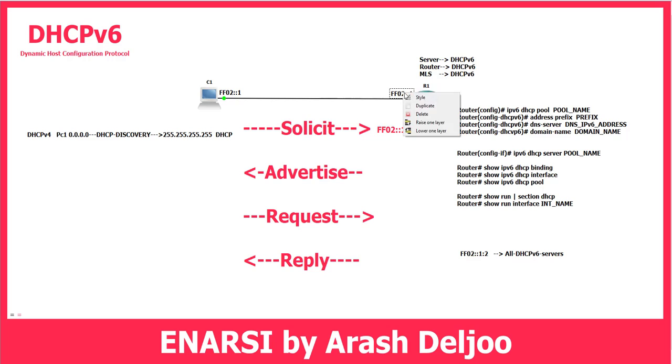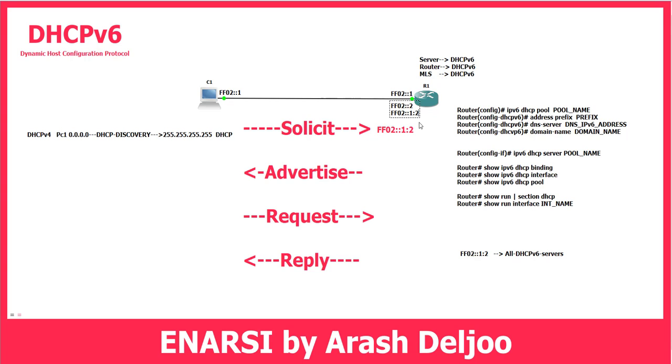Also, if you enable IPv6 unicast routing on a router, you will have the address ff02::2 on the interface of the router. Now, if you enable DHCP on the interface of the router, we have another IPv6 address, ff02::1:2. This is the reserved IPv6 multicast address for DHCP.